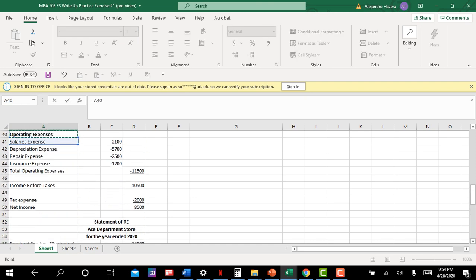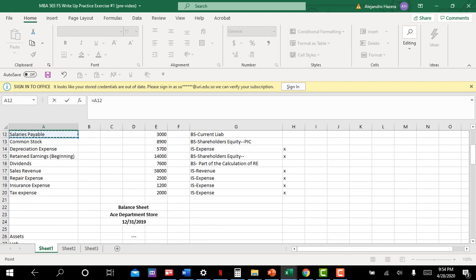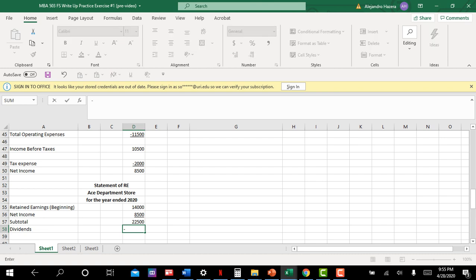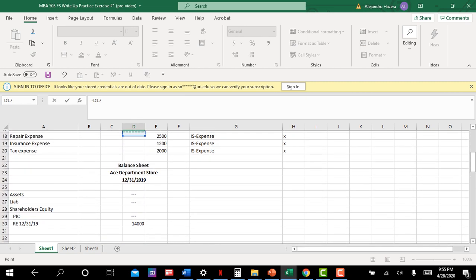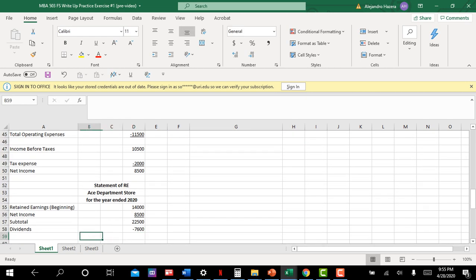Okay, and let's see what our dividends are. Make sure dividends do not go on the income statement, they go on the statement of retained earnings. Boy, people get bad habits there. So dividends are paid out of your accumulated income of 22,500. So this is going to be a negative amount for dividends. That's your dividends right there.